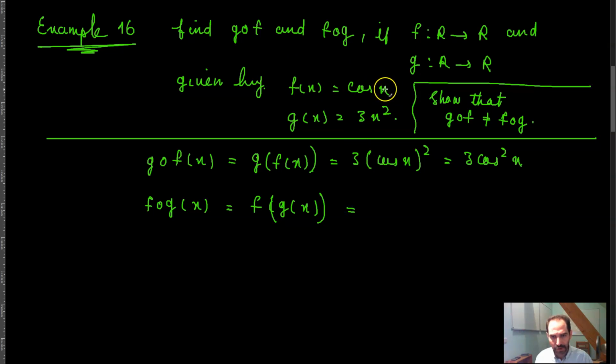Now in that function, wherever you see x, you replace it with g of x, which is 3x squared. So it becomes cos of basically 3x squared. And you can see that g of f of x is equal to 3 cos squared x. F of g of x is cos 3x squared.